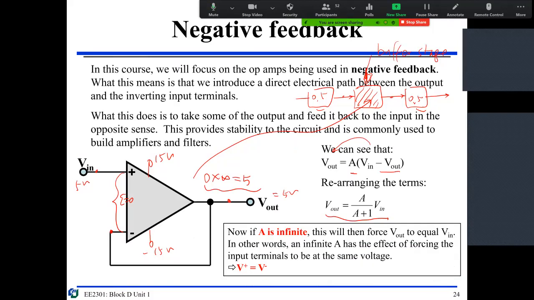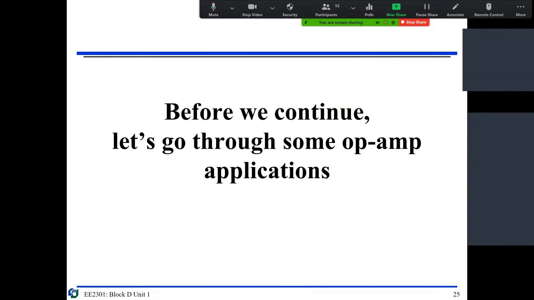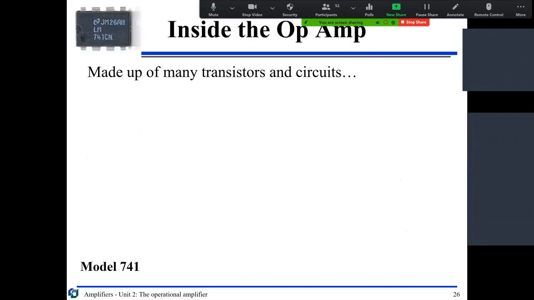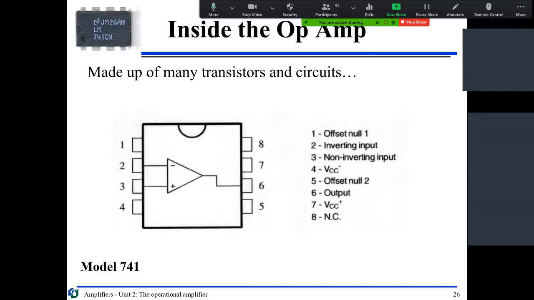All right. So the rest is some entertainment, okay? What are the applications? We have gone through them quickly, but there are more. The 741 is what we have learned, with 8 pins. Model 741 is famous.